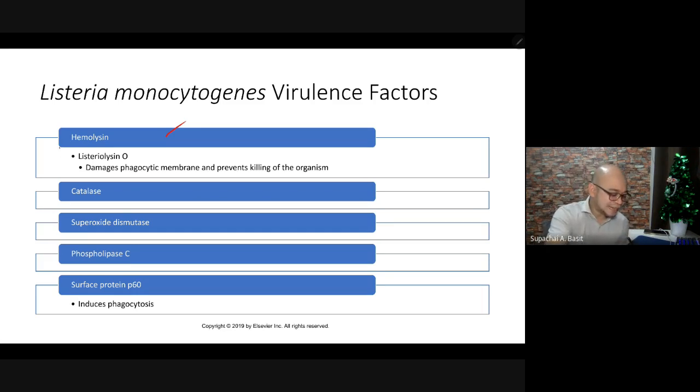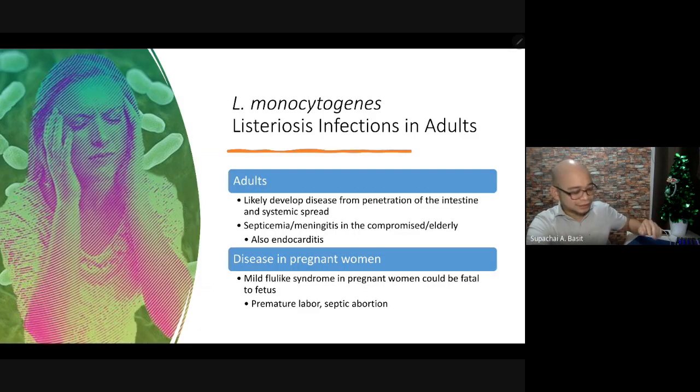So this is highly virulent for Listeria monocytogenes. And from that, we have catalase, superoxide dismutase, phospholipase C, and surface protein P60, which can also induce phagocytosis.